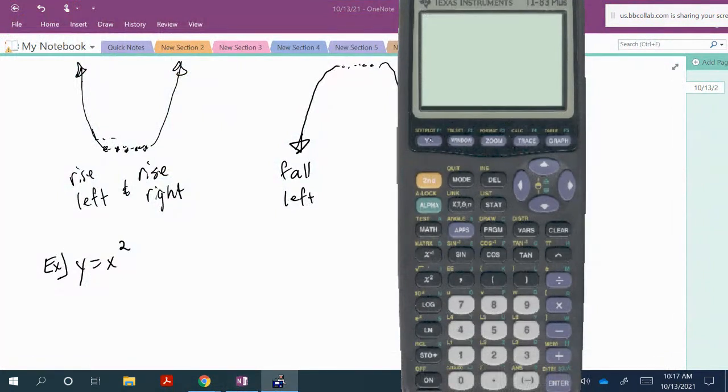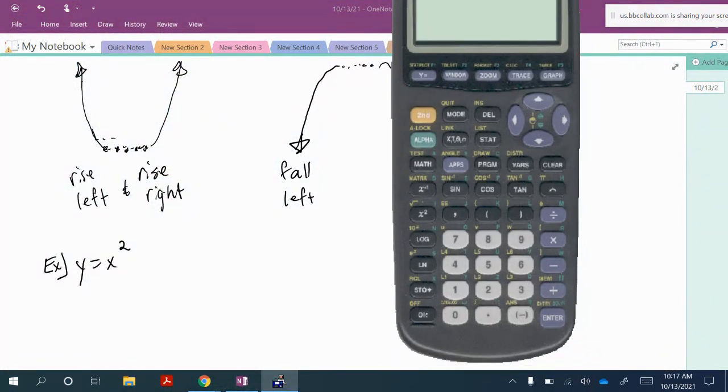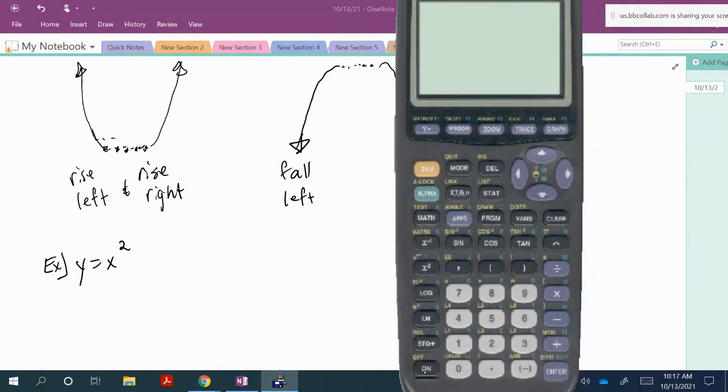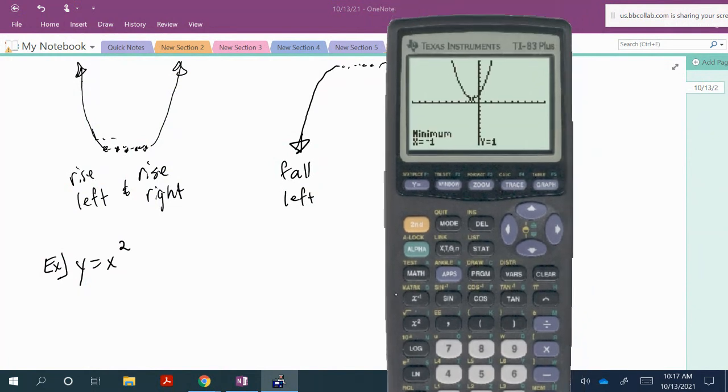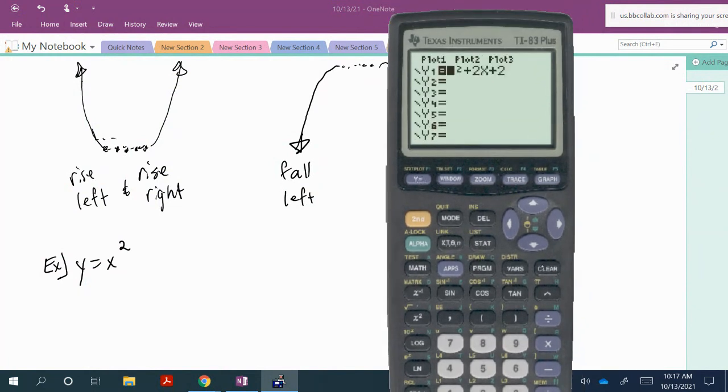First of all, I'm going to turn the calculator on. I'm going to go into y equals, clear that out, put in x squared, and graph. And then just notice the end behavior of the graph. It rises to the left, it rises to the right.